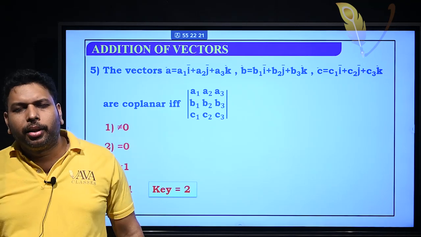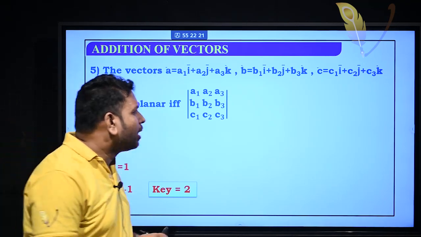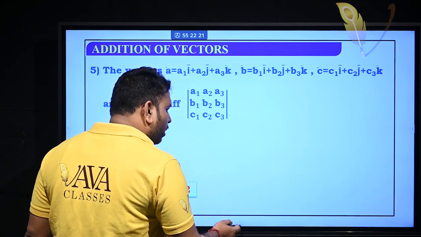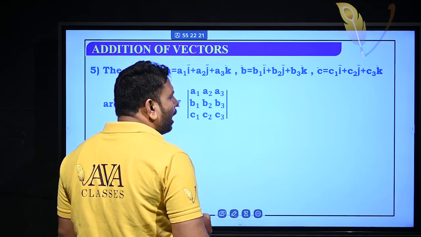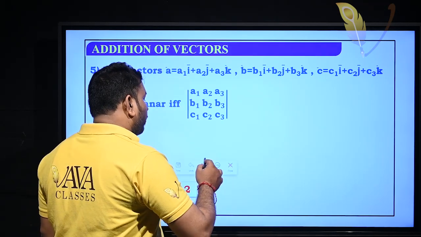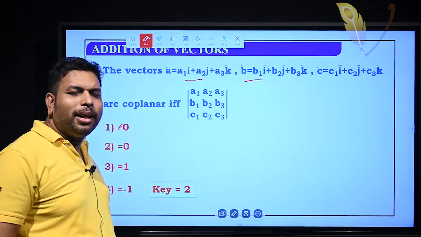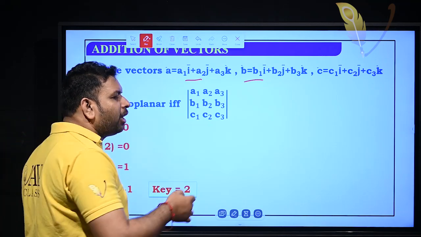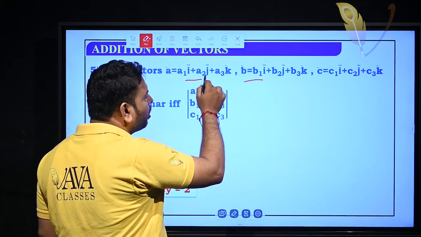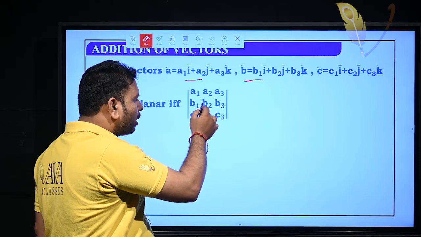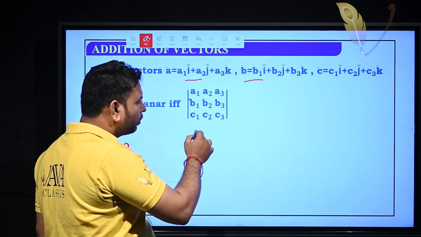Why is the second option the right option? Since they are coplanar, they are linearly dependent, so one of them must be linearly dependent on the other, and if so, one of them must be a constant multiple of the other. So we can take a constant.